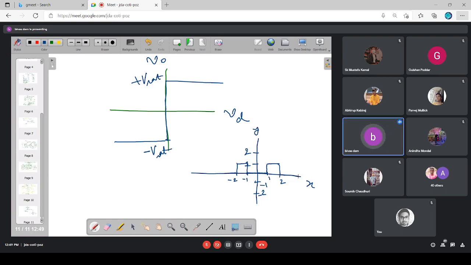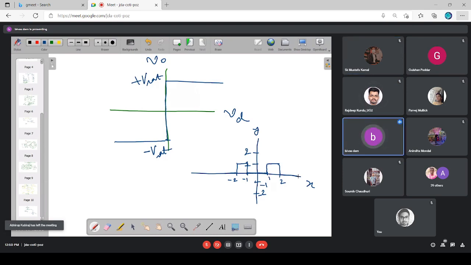If I have some XY plot like this, how will you describe this plot? When x is at minus infinity, what will be the y value? 0.